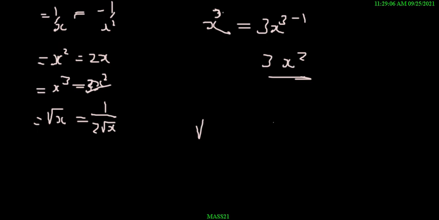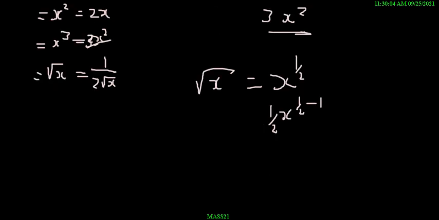And for the one with the root, this is the same as x to the power 1 over 2. We're going to have 1 over 2 times x to the power 1 over 2 minus 1. 1 over 2 minus 1 gives us negative 1 over 2.